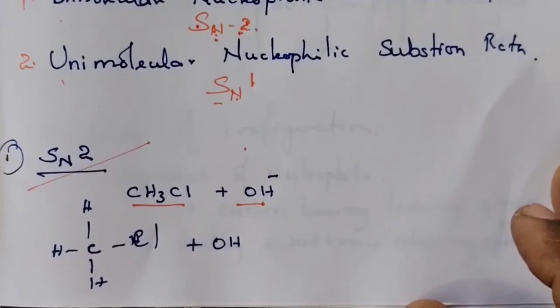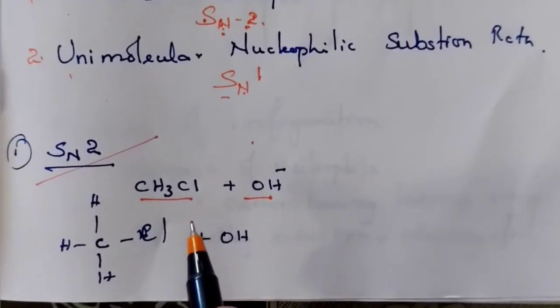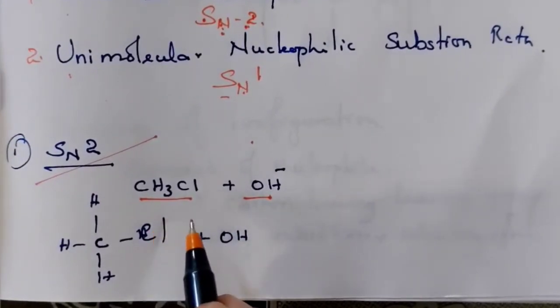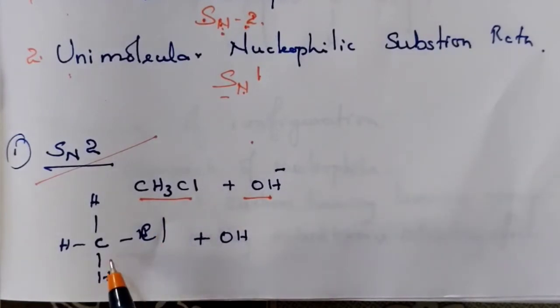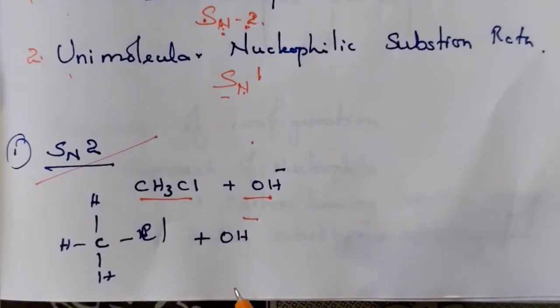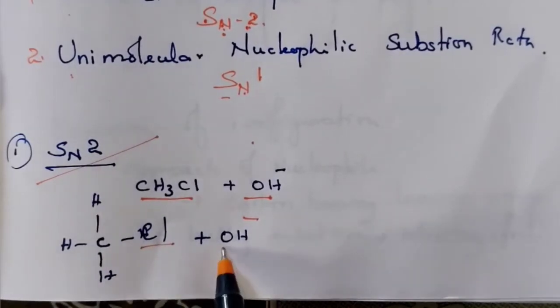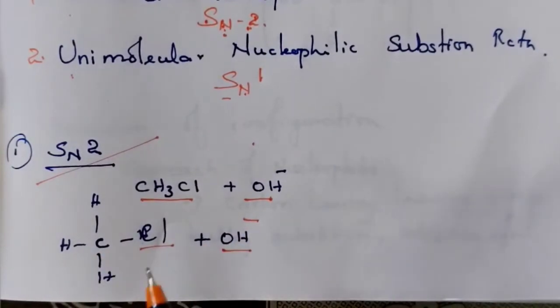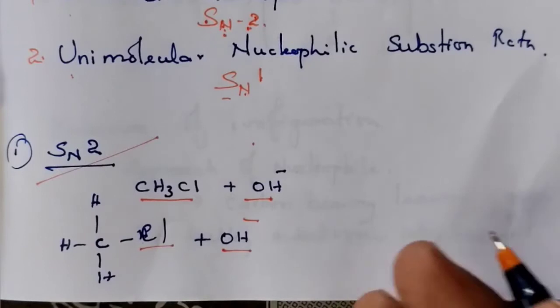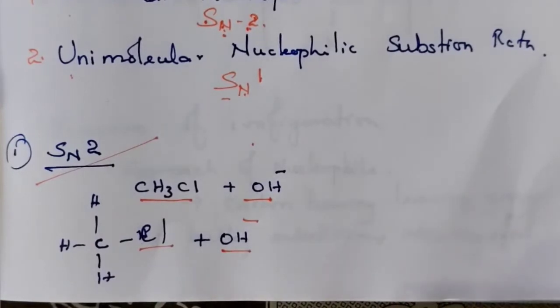To explain this, let us take the reaction between CH3Cl and OH minus. This is CH3Cl plus OH minus. Here, this is the leaving group, this is the nucleophile. Both the nucleophile and the leaving group are electronegative, so they repel each other.